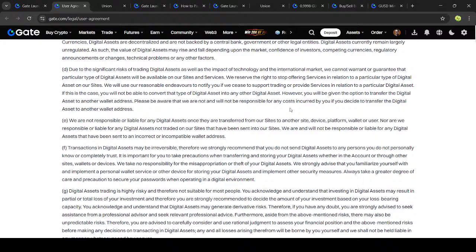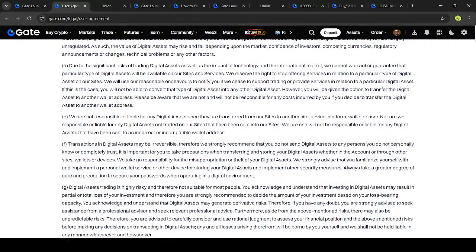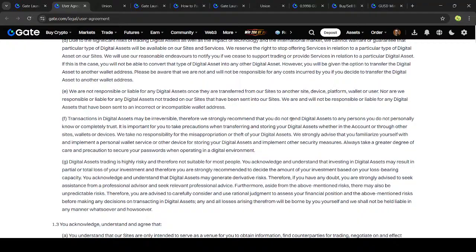So, however, you will get the option to transfer digital assets to another wallet address. Please be warned that we will not be responsible for any costs incurred if you decide to transfer the digital asset to another wallet, guys.